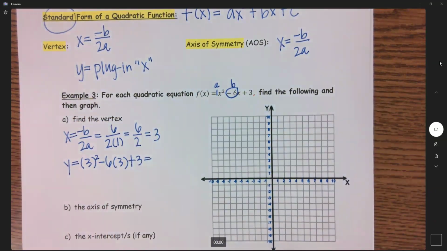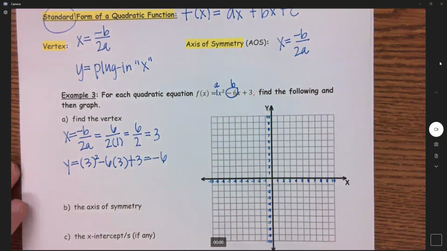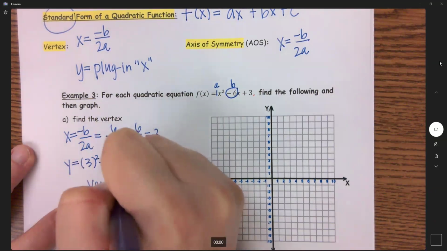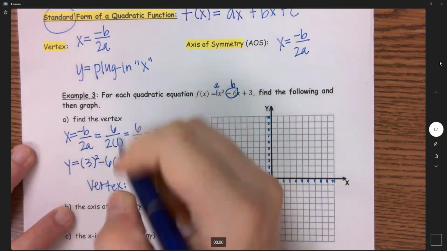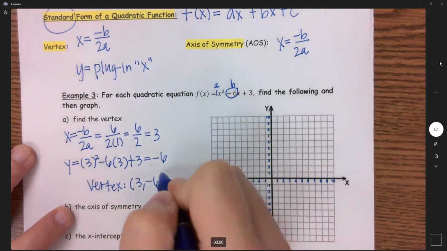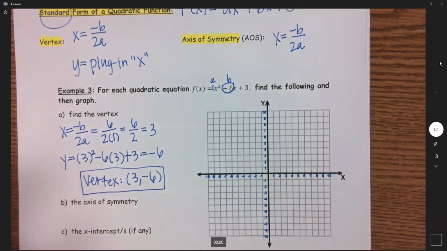You can just put that all into your calculator. And we get negative 6. So my vertex is at the ordered pair 3, negative 6. So I'm going to put that on my graph.